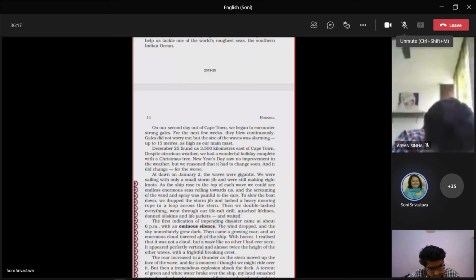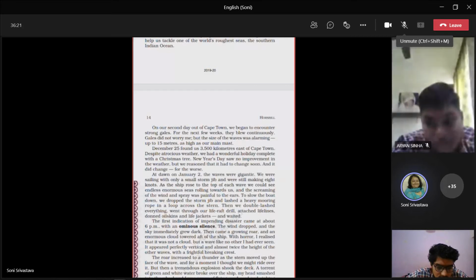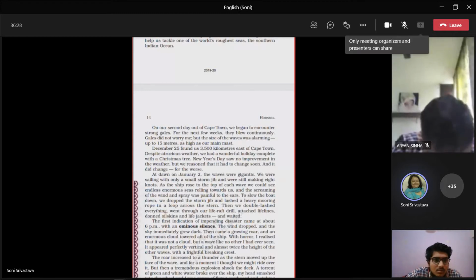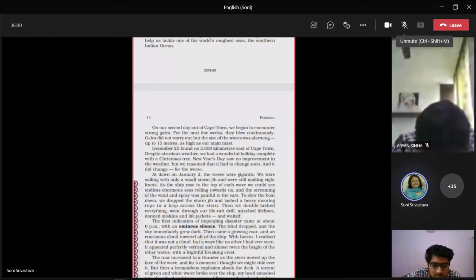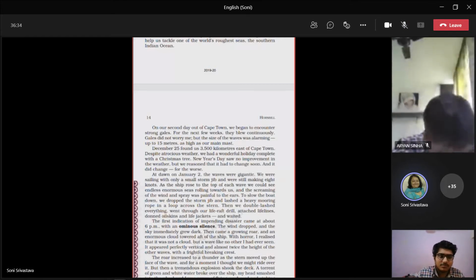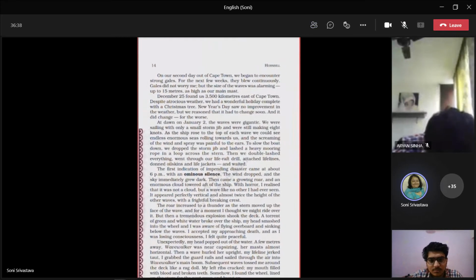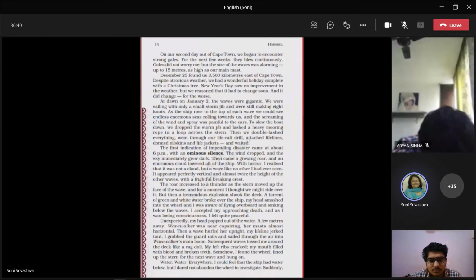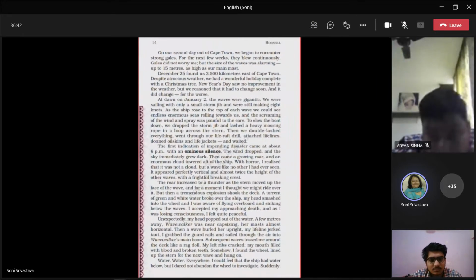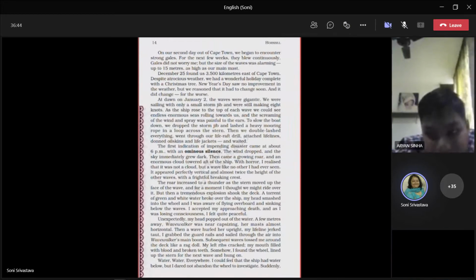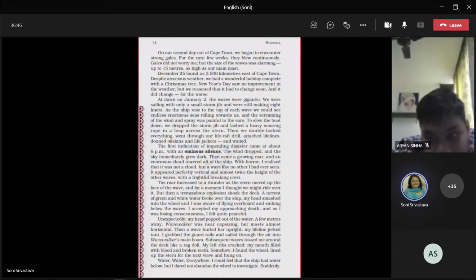Now, these few paragraphs that we have done, can anybody tell me in which style or type of writing this falls? Is it narrative, persuasive, expository? Narrative. And why do you say it is narrative?